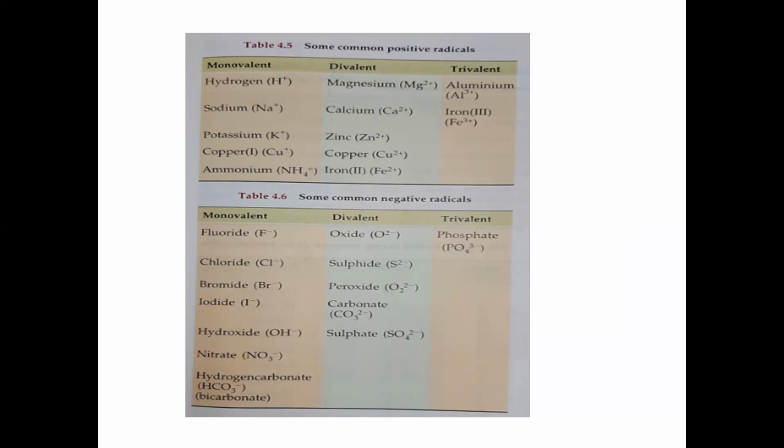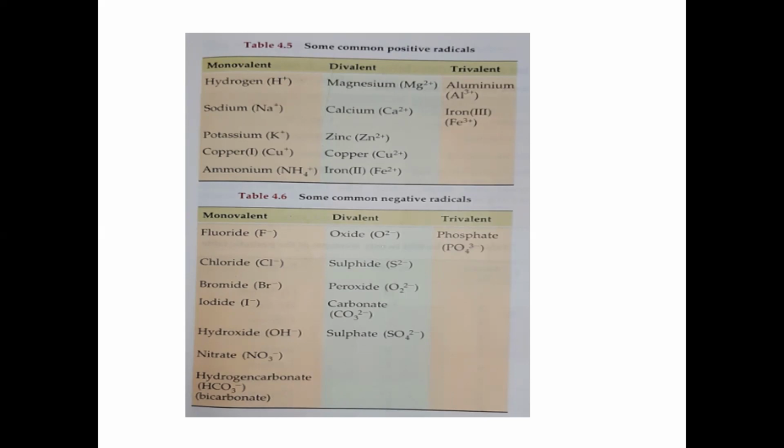First is hydrogen, and in the symbol form, that is H plus, because mono means only one, so no need of writing one there, only H with the plus sign. Other is sodium, that is Na plus, then potassium K plus, then copper Cu plus, then ammonium NH4 plus.